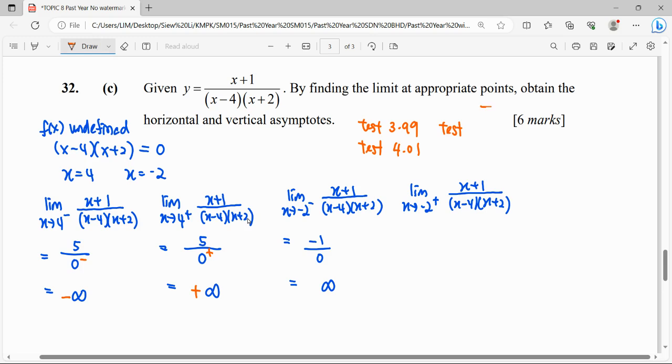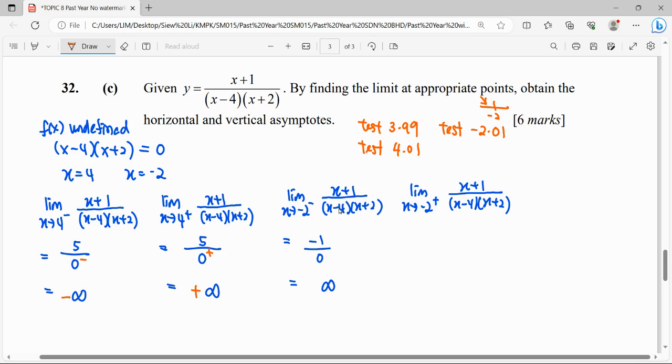So for negative 2 from the left hand side, we test negative 2.01. Substitute here negative 2.01 plus 2, times negative 2.01 minus 4.